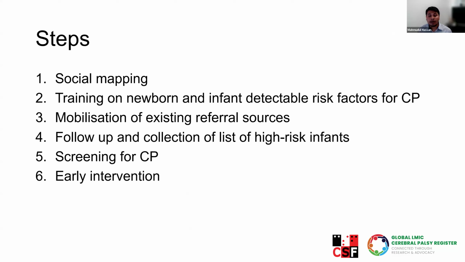Social mapping of birth attendants, community health workers, and newborn care providers, training on newborn and infant detectable risk factors for CP, mobilization of existing referral sources, including key informant network and empower groups, follow-up and collection of list of high-risk infants, screening for CP, and early intervention.